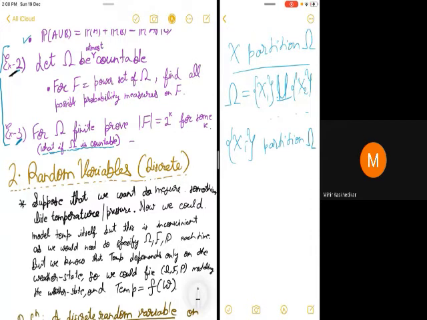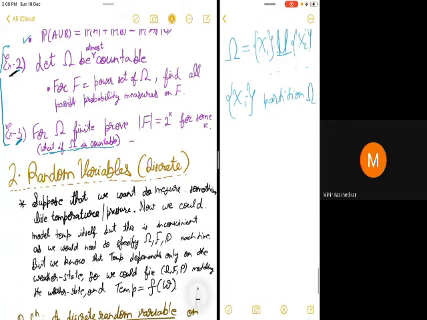Is this definition clear? You can think of it like this. If this is our omega, then we will prove that F is basically the power set of some of these sets.